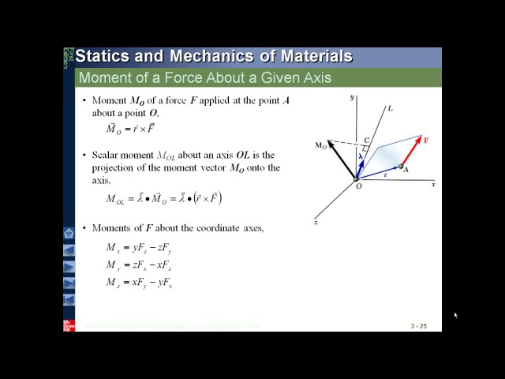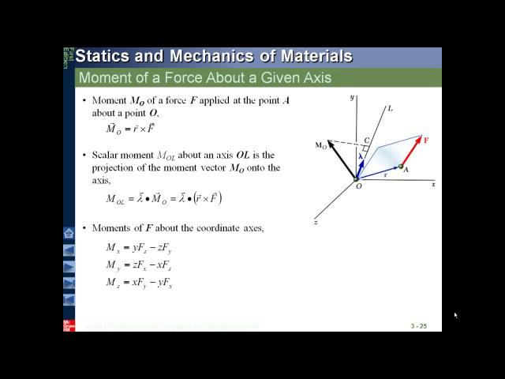When I look at the scalar moment about an axis, let's say the axis OL, we get into what are referred to as triple vector products, which is the dot product between one vector and the cross product of two vectors.